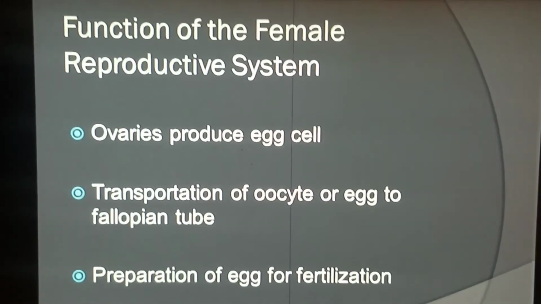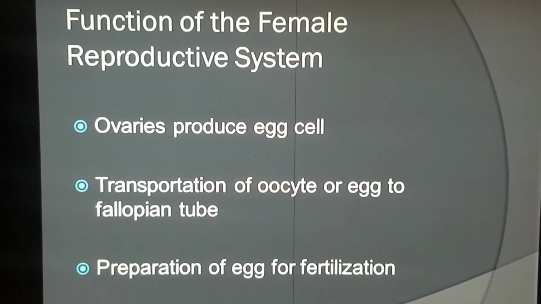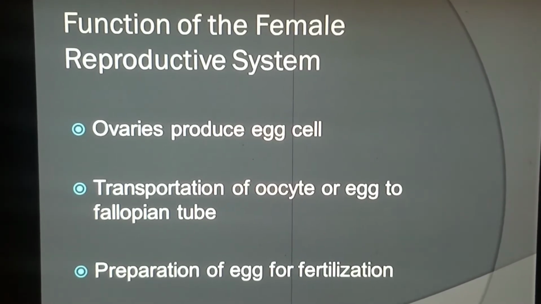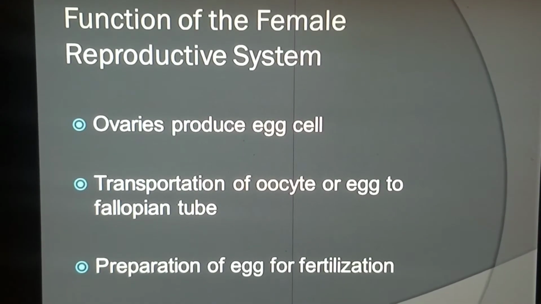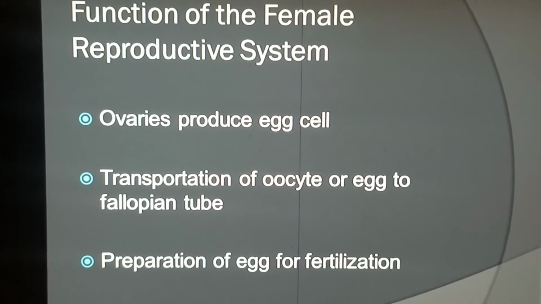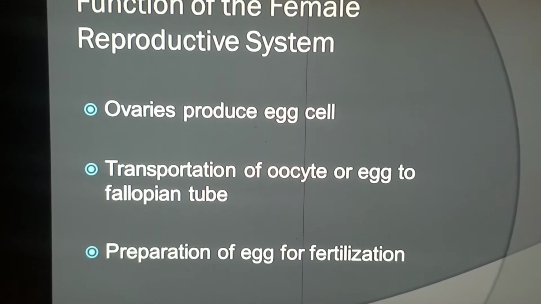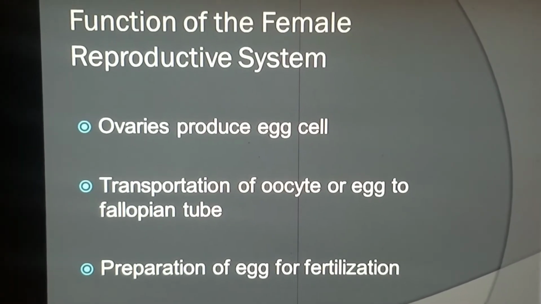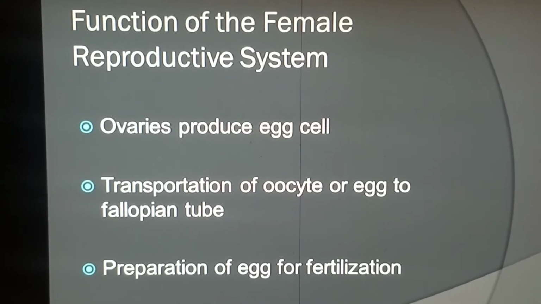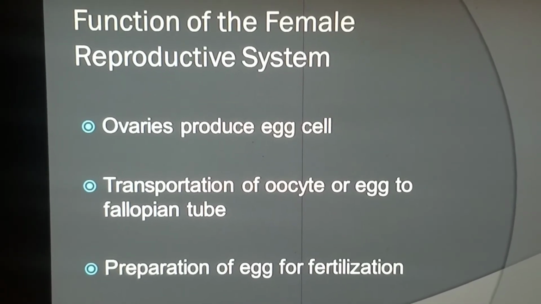The ovaries produce the egg. The reproductive system is responsible for the transport of the egg to the fallopian tube, and it is also responsible for preparing the egg for fertilization after it has been released from the ovaries.